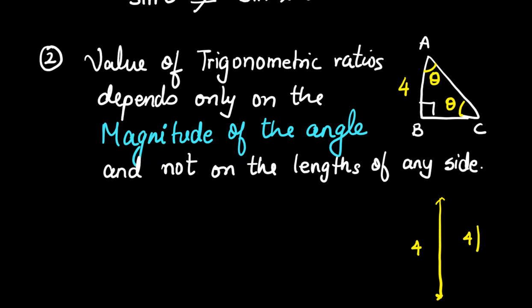It depends only on the magnitude of the angle, whether this angle is 30 degree, whether this angle is 45 degree. The ratio depends on the angle and not on the length of any sides. Okay, so make sure that you write these two important notes over here.